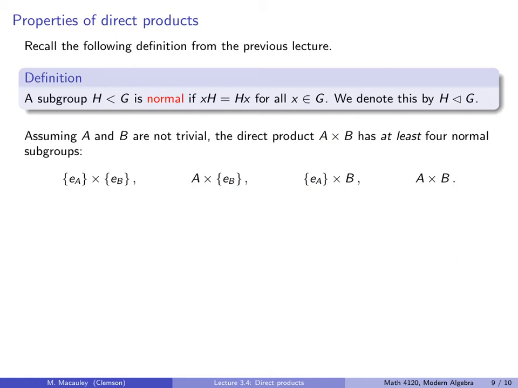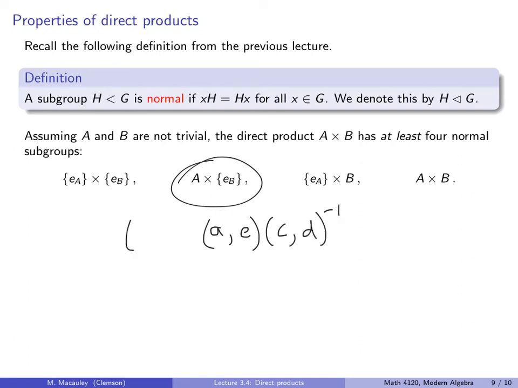And let's see why these things are normal. Let me start with this one here. Let me just take an arbitrary element, A, and I'm going to write it as E instead of E sub B. And let me conjugate it by some other element. How about CD, inverse and CD here.